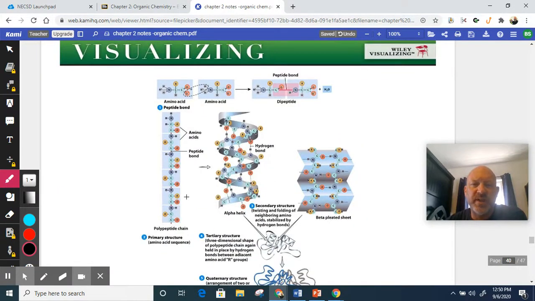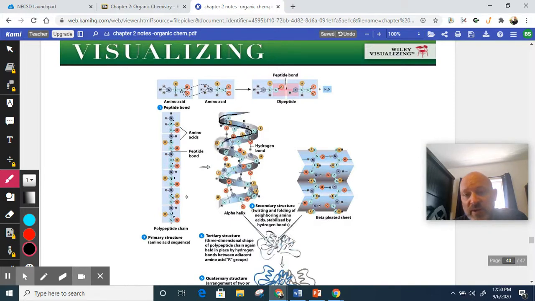So what are some shapes? Well, when we start putting amino acids together, this is an amino acid chain, right? We have one amino acid here, another one here, another one here. So we're making an amino acid chain. Well, we would refer to this as a primary structure, all right? But as we start to really pile them on one after another, different shapes can start to occur. A common shape is this helix shape.